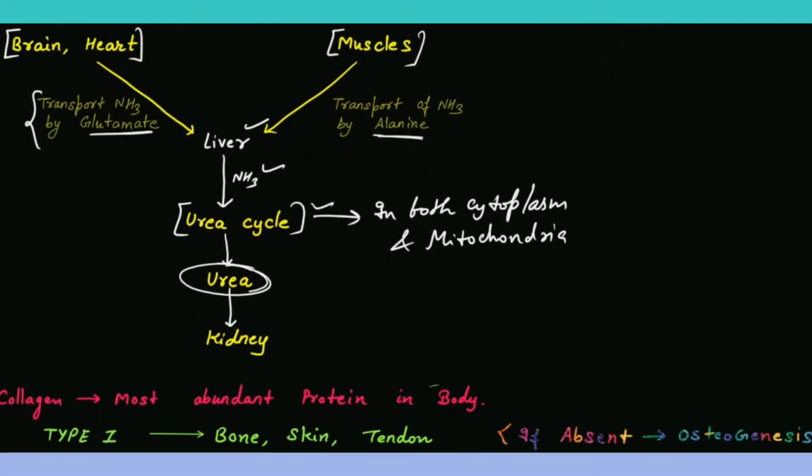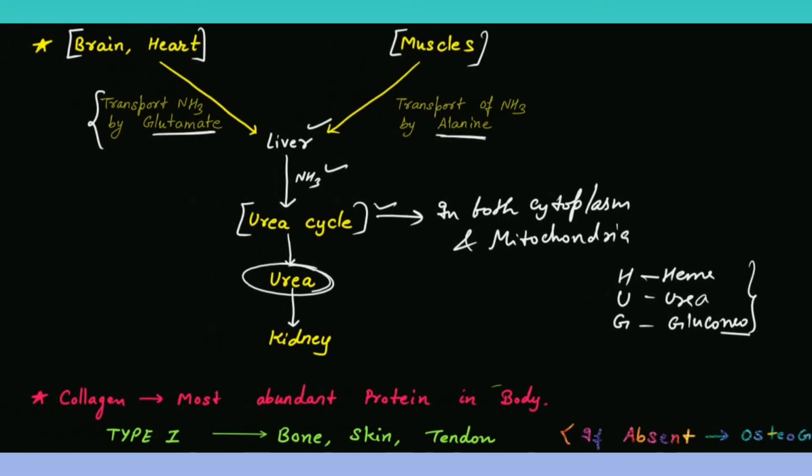Remember HUG: heme cycle, urea cycle, and gluconeogenesis. They all occur in both the cytoplasm and the mitochondria.